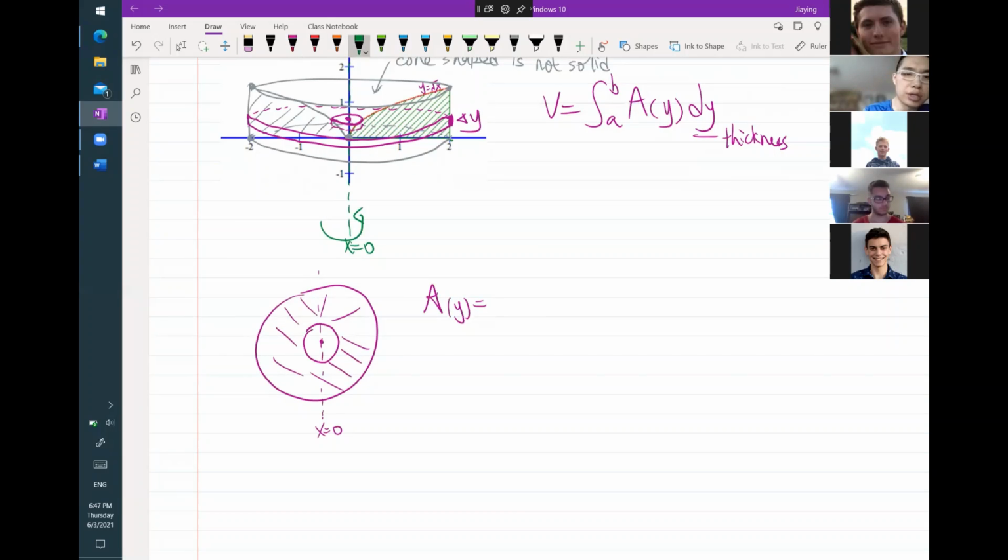I'm going to call the outer circle radius R1, and the inner circle radius R2, just like before. So the area would be pi R1 squared minus pi R2 squared. So that's pi times R1 squared minus R2 squared.